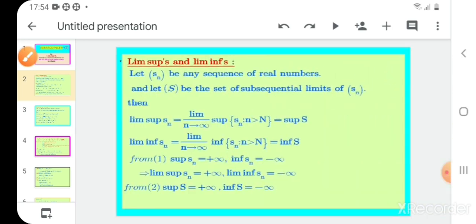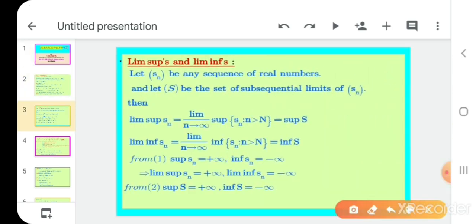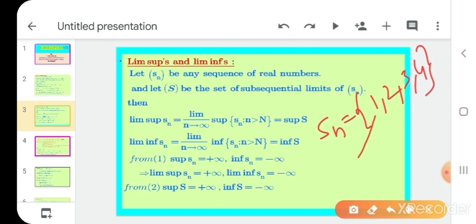Next, limit supremum and limit infimum. In the first video I explained supremum and infimum. Let Sn have the elements 1, 2, 3, 4. Tell me, what is the lower bound of this sequence? Lower bound is 1. What is the upper bound? Upper bound is 4.